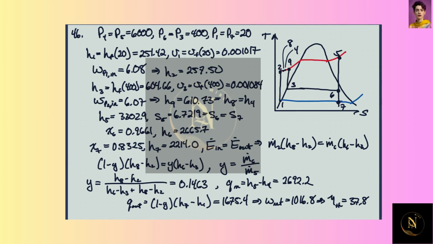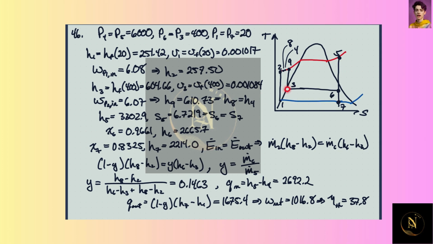So we're going to actually put in quite a bit more work into the pumps, but again, that's always a small fraction of the total turbine work that we get out. So the work we're going to put into the first pump is about 6.1 kilojoules per kilogram, and so that gives us an enthalpy at 2 of about 258 kilojoules per kilogram.